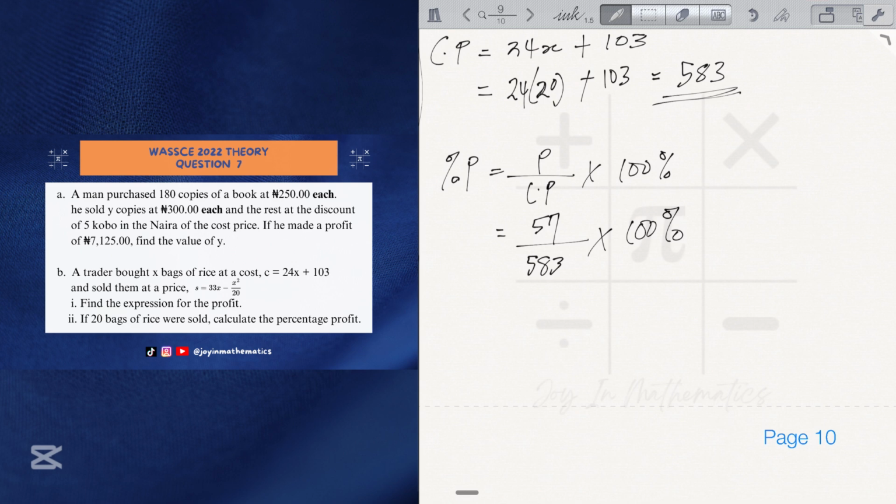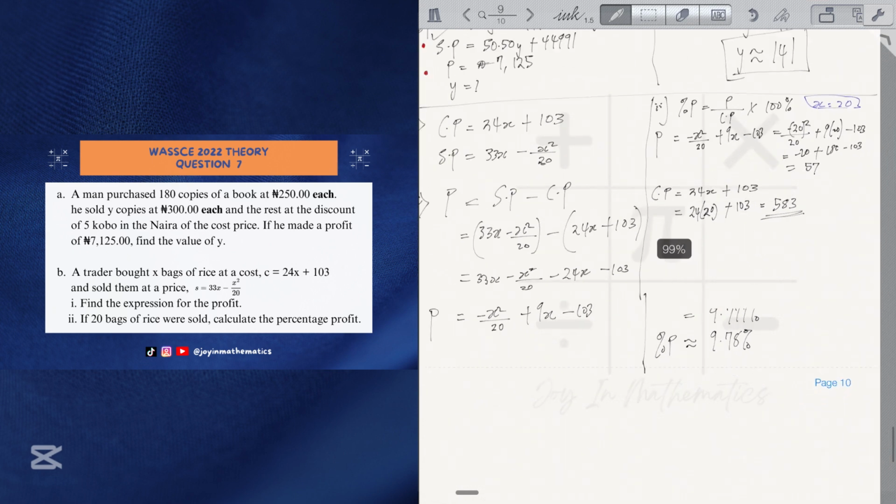If we use our calculator to simplify this, we will have 9.777 percent. So if you simplify this, we'll have 9.78%, which is the percentage profit.